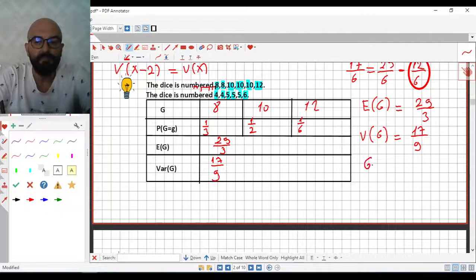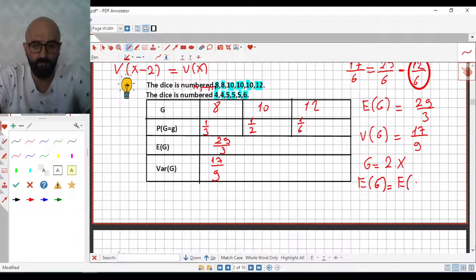So G means 2 times X, and the expected value of G means the expected value of 2 times X. The expected value of G is 29 over 3. The expected value of X is 29 over 6. So 29 over 6 multiplied by 2 means 29 over 3.